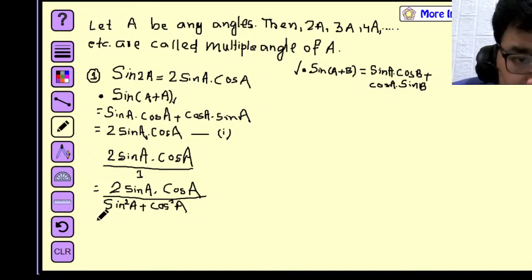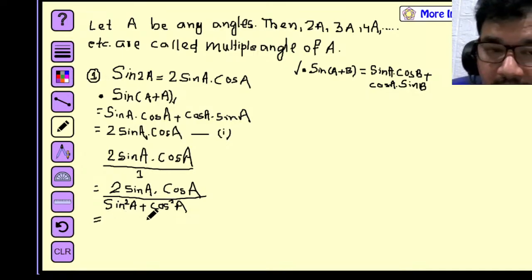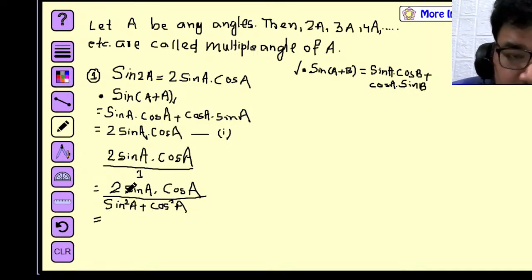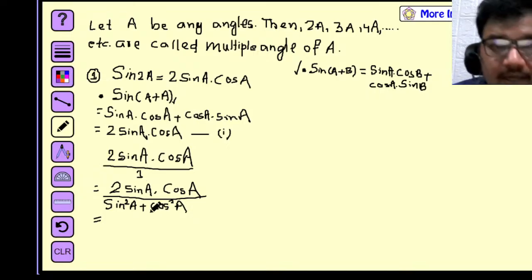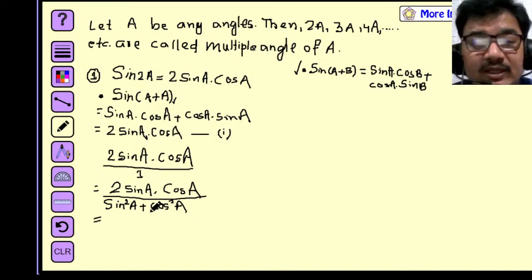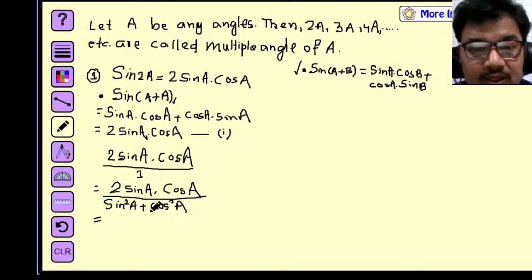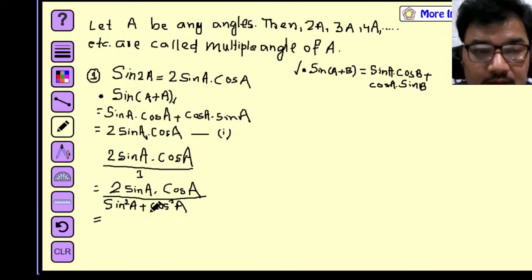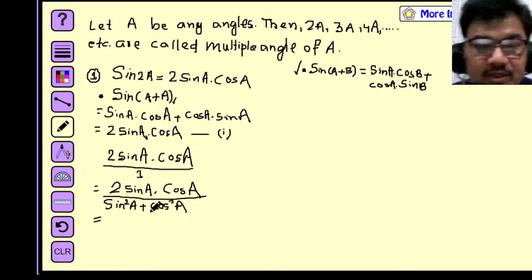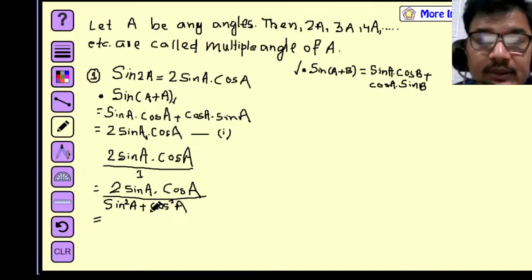Now look, children, what should we do after this? Let's divide the numerator and denominator. Our aim is to bring sine 2A in terms of tan.